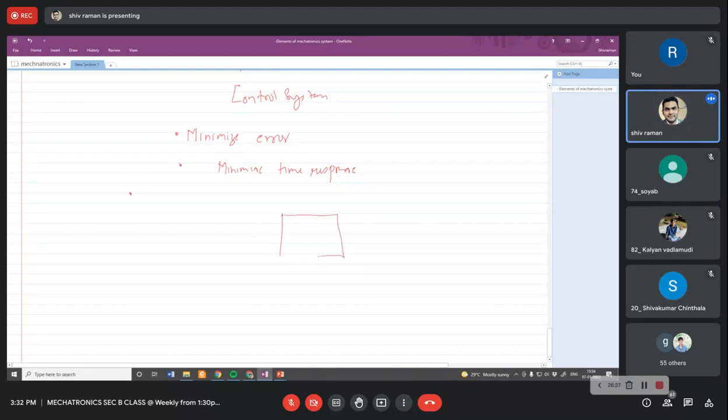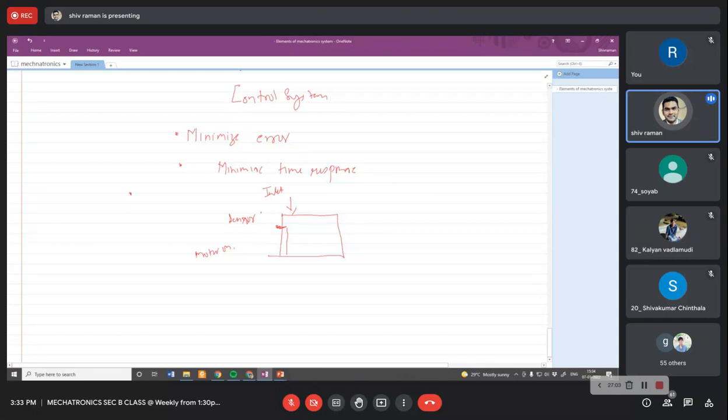A simple example is a water level indicator. You have an inlet here, so you are feeding this tank with a fluid, and you have a water level indicator here. Once you switch on the input, water will come and fill inside this system. The input is in terms of your motor being on. You provide a sensor here.